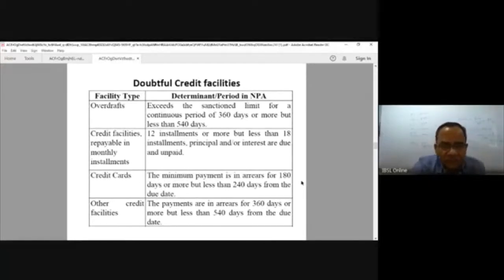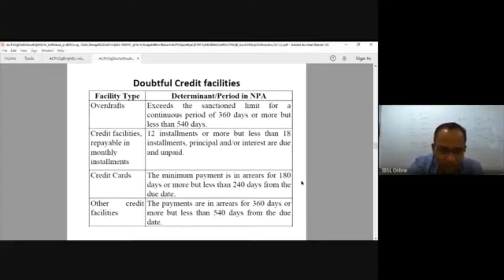Then the doubtful. The doubtful credit facilities are basically overdrafts above the limit for more than 360 days, which is called doubtful. SMA, substandard, and doubtful. If it is monthly installments, more than 12 installments overdue, up to 18 installments, which is called doubtful.